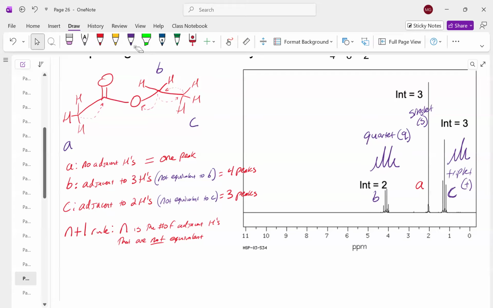And that is kind of what's going on with adjacent hydrogens because they are close enough together. This is why we only look at adjacent. We don't go any farther than that. When they are close together, you have the magnetic field of one of those hydrogens interacting with the magnetic field of the other hydrogen.